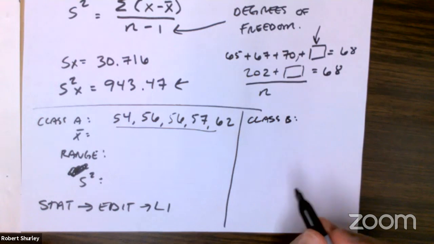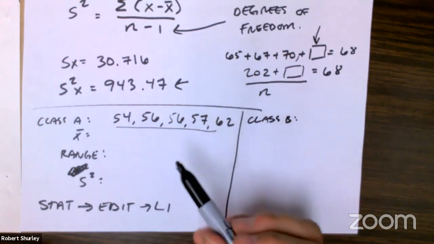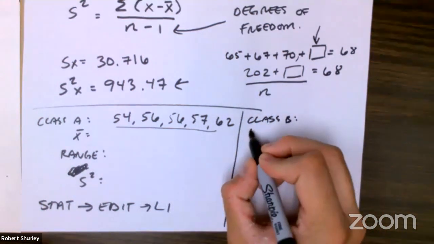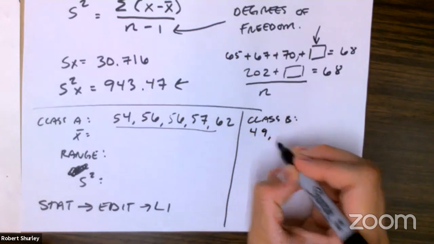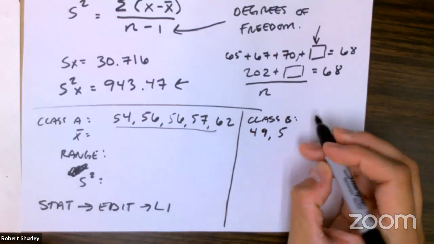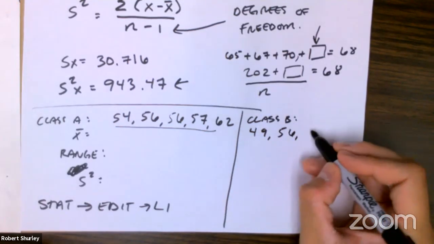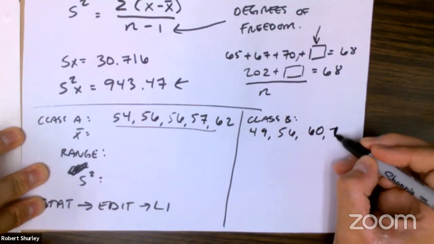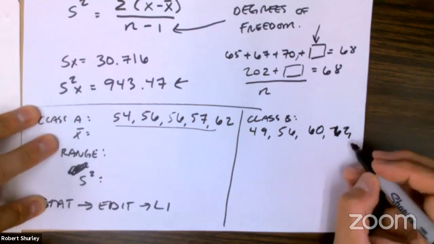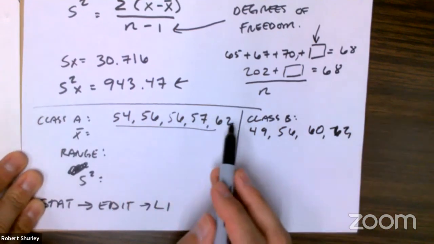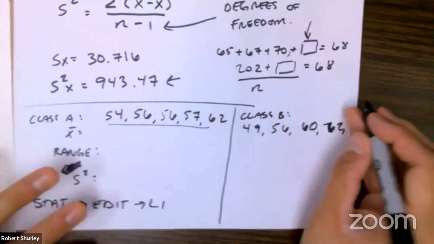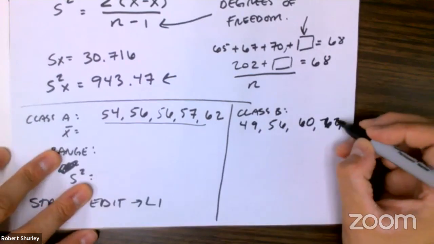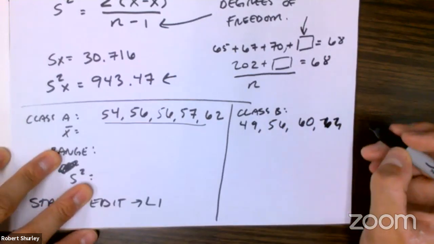Class B is going to be list 2, and they're going to be drastically different, okay? So we'll do someone that's like 49 inches, 56 inches, 60 inches, 62 inches, and then, just to keep the 5 students the same, let's say this last person is 64 inches.